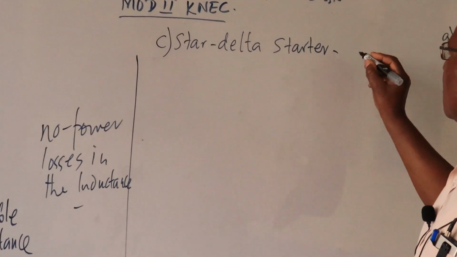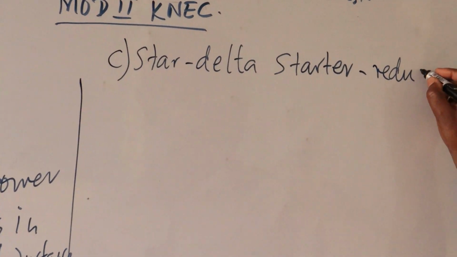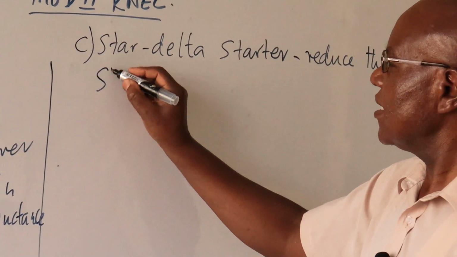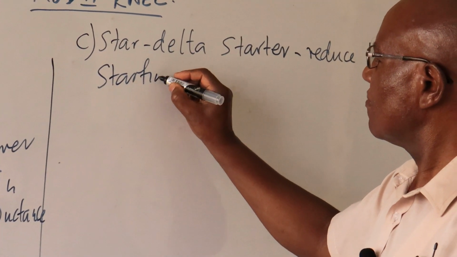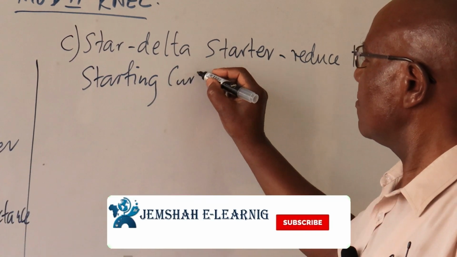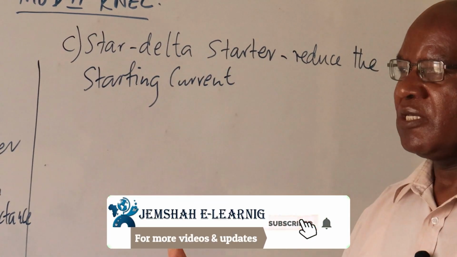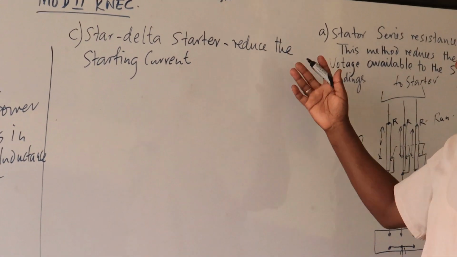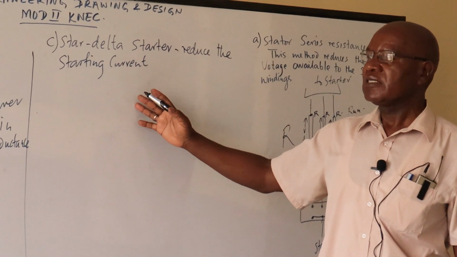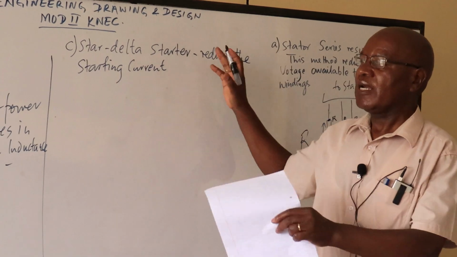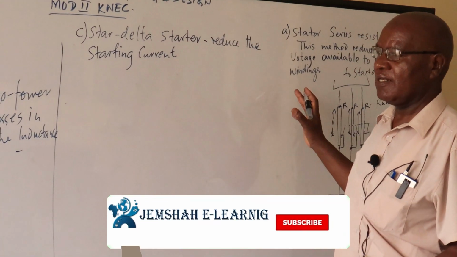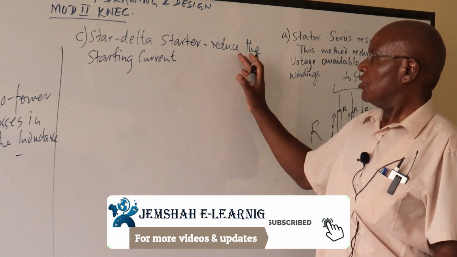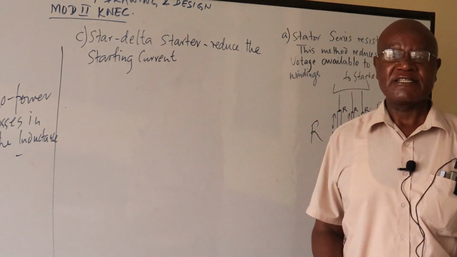And this one here will reduce the starting current. Remember, we said there are two methods. You can either reduce the starting voltage or the starting current. So the star delta, which is a kind of a more universally adopted method compared to the other two, reduces the starting current.